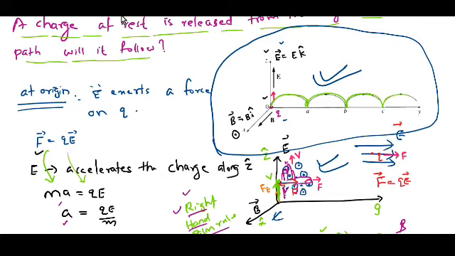In this way, our charged particle follows a path, and the path followed by the charged particle in the transverse magnetic and electric field is called a cycloid. Cycloidal motion means the motion of the charged particle in the transverse electric and magnetic field. I hope this is clear to you.